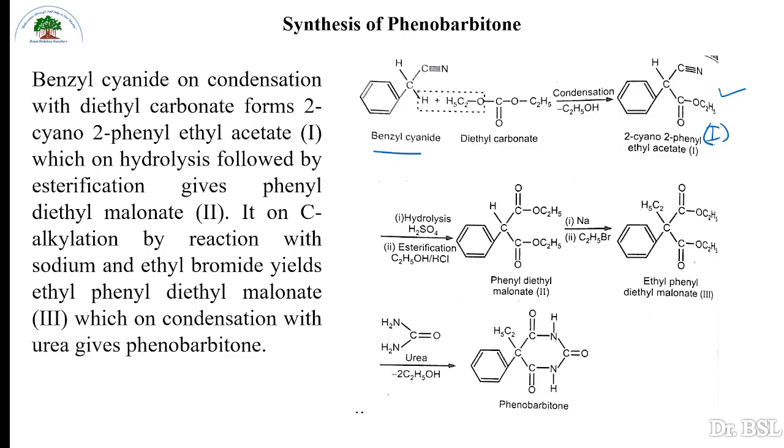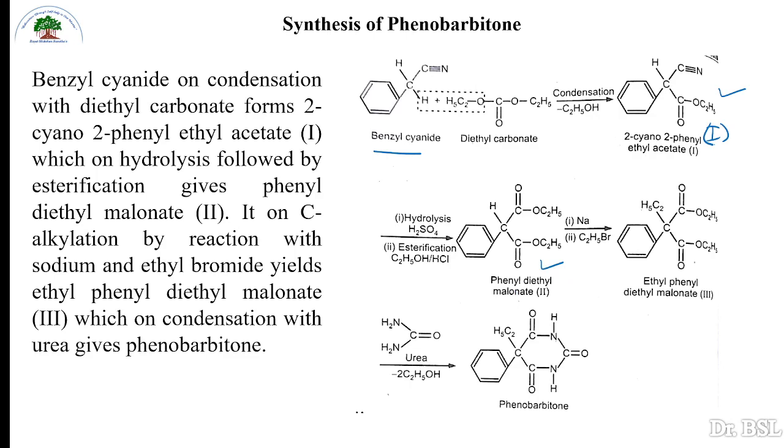This 2-cyano-2-phenyl ethyl acetate further, upon hydrolysis in the presence of H2SO4 and after esterification, yields phenyl diethyl malonate, the second intermediate.